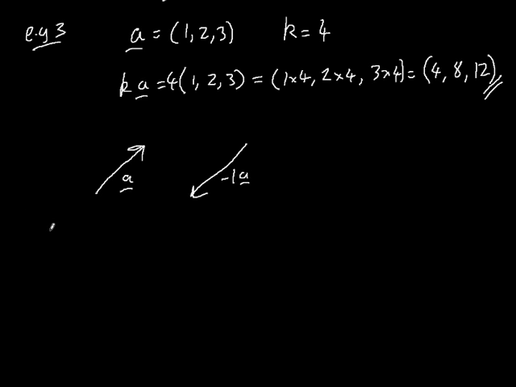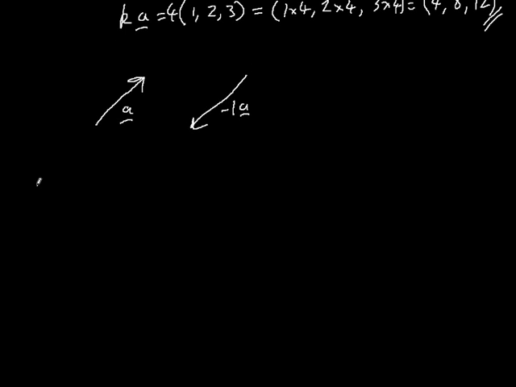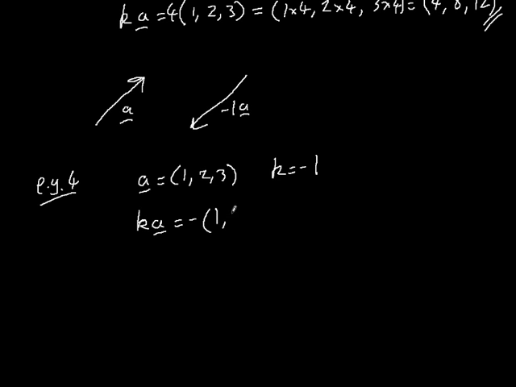Looking at example 4, if A is my vector 1, 2, and 3, and my scalar k is -1, then k times A equals minus the vector A, and all we do is multiply each of the elements by -1. So hopefully you're happy with addition and subtraction of vectors.